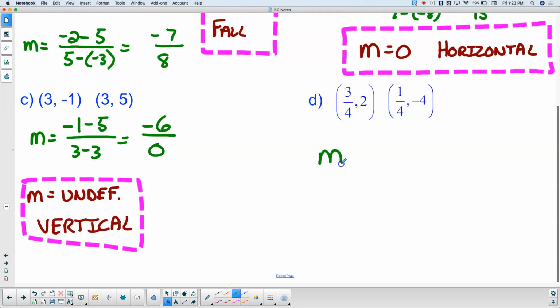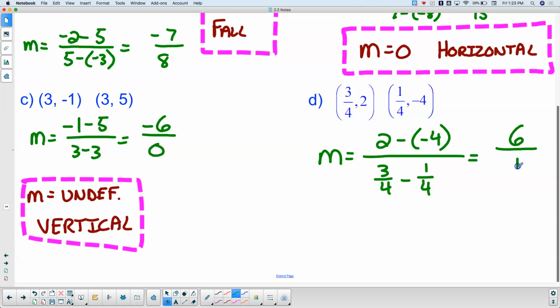Here my slope is going to be 2 minus -4 all over 3/4 minus 1/4. That's going to be 6 divided by 2/4. 2/4 can be reduced to 1/2. 6 divided by 1/2 is 12.